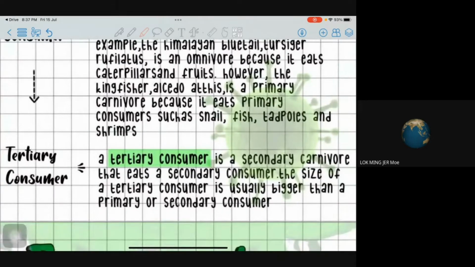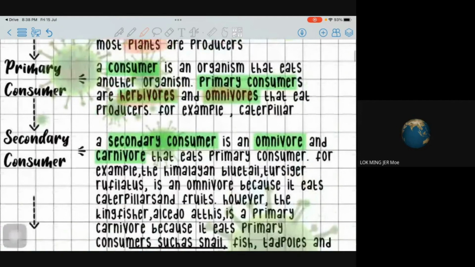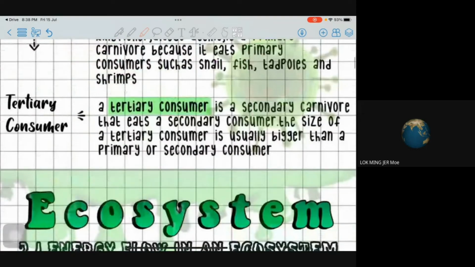I ask you, yes or no? No, that is no, because elephant eats plants. It doesn't eat meat. The one that eats plants is normally the primary consumer. The tertiary consumer is always bigger and only eats meat.